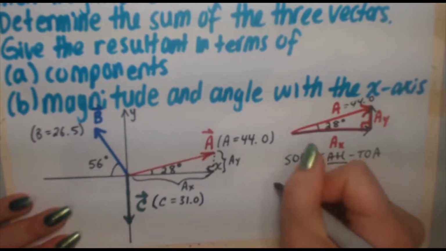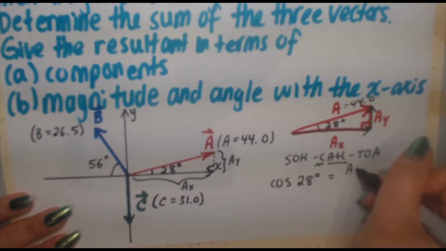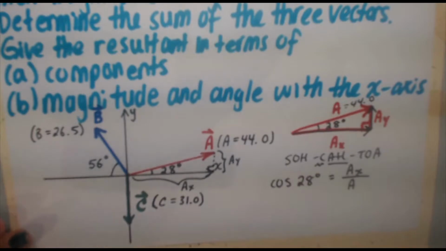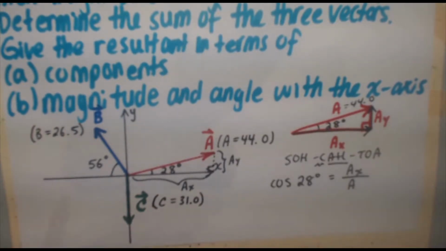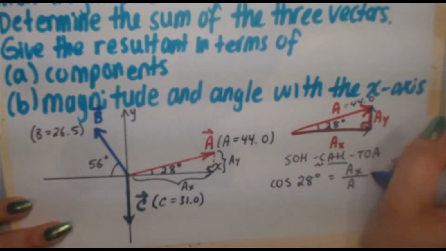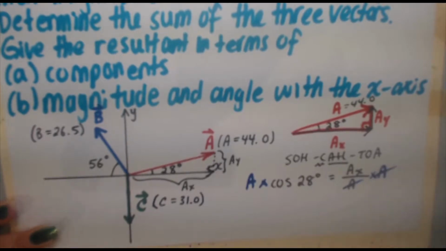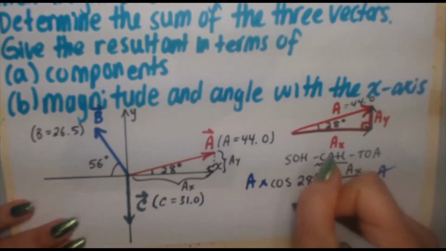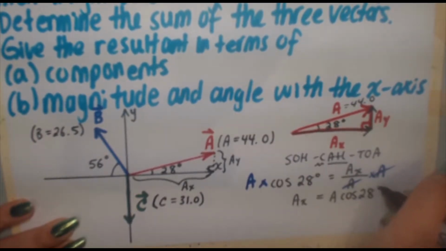So cosine of 28 degrees is equal to adjacent, which is AX, over hypotenuse, which is A. We are looking for AX, so we're going to try to get it by itself. Right now, AX is being divided by A, so we have to do the opposite operation. We multiply both sides by A, which cancels out the A on the right, leaving us with AX. So AX is equal to A cosine 28 degrees.